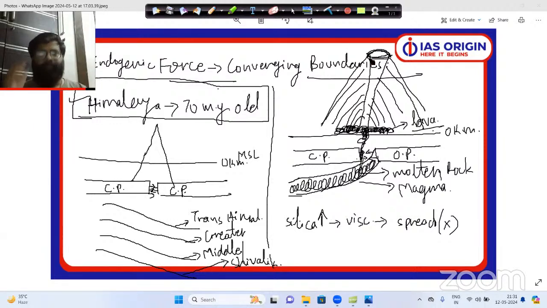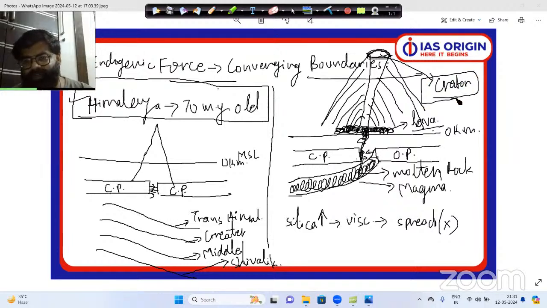You will get to know in a kind of monsoon situation. For example, this is your crater, this mouth of this volcanic mountain is known as what? Crater. So if there is a rainfall or monsoon going on in that particular region, the rainfall water will be deposited in the crater.